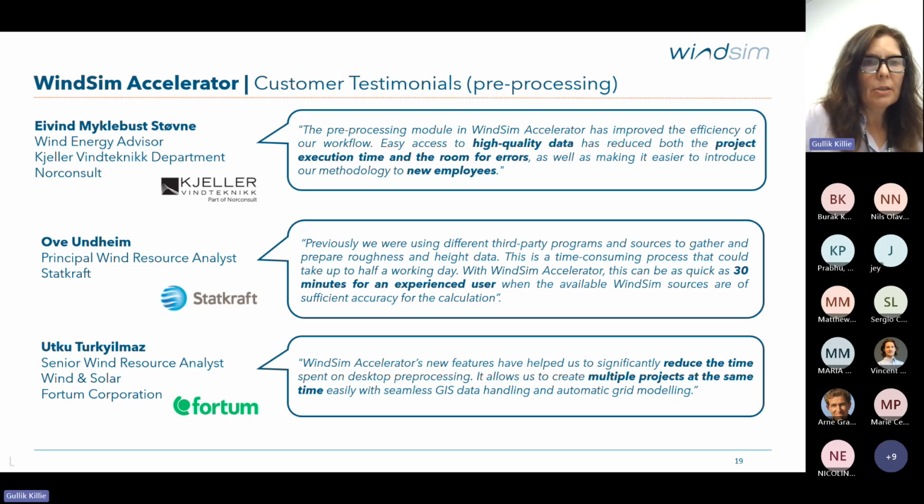And the last one was Utko, senior resource analyst from Fortum. They focused also on time reduction in the pre-processing phase, as well as being able to run multiple projects in parallel, thanks to the integration of the GIS platform for the data.